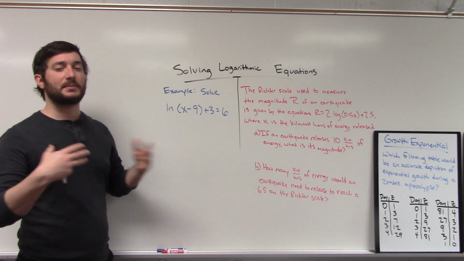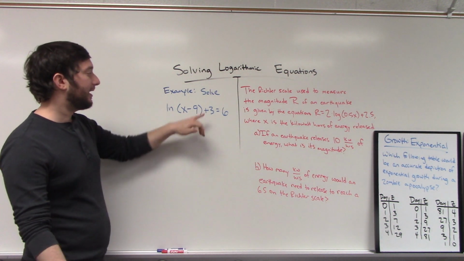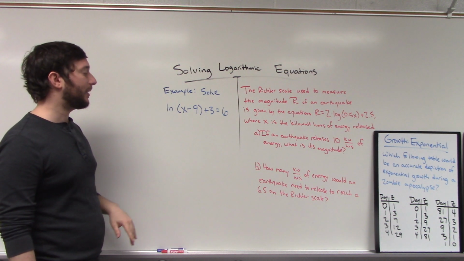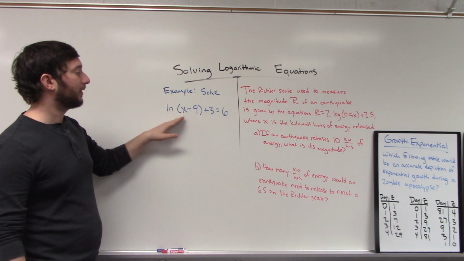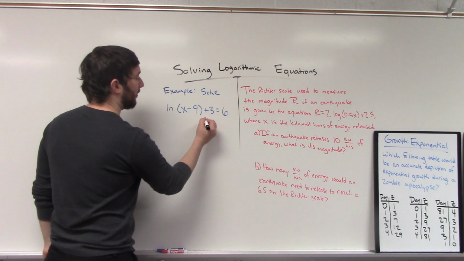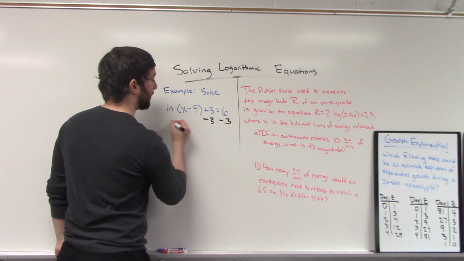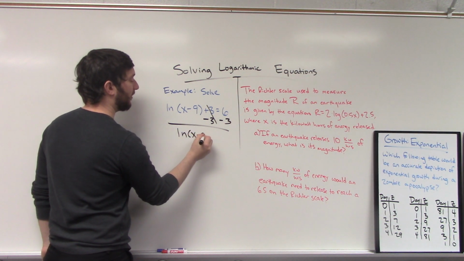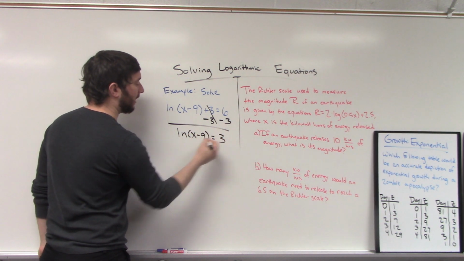Sometimes it's already that way. In this case, it's not. We have a plus 3 on the left side of the equation, not part of your logarithm. We need to get rid of that. Opposite operations. Now our logarithm will be by itself on the left side of our equation.